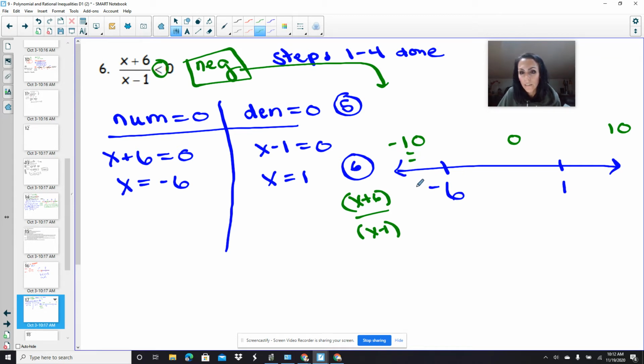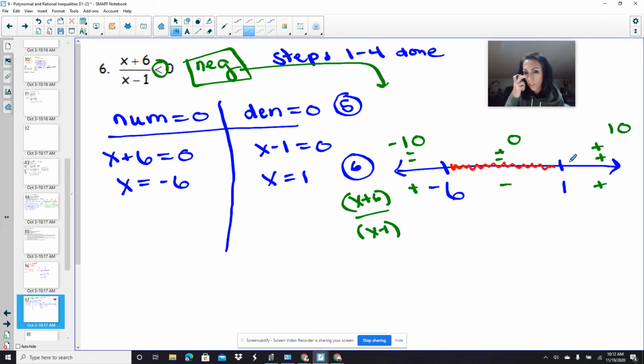When you divide two negatives, you get a positive. Here we have a positive and a negative, so that's a negative. Here we have a positive, and that's a positive. So we are looking at the negative region, so here.